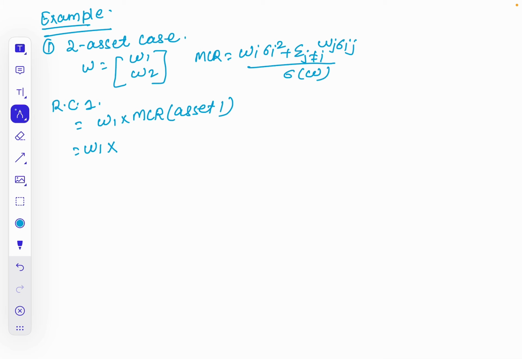For the two asset case, in our case I is equal to 1. So we can write it as W1 into sigma 1 square plus, j would take two values, 1 and 2, but j cannot be equal to I. I in our case is 1, so j can only be 2.